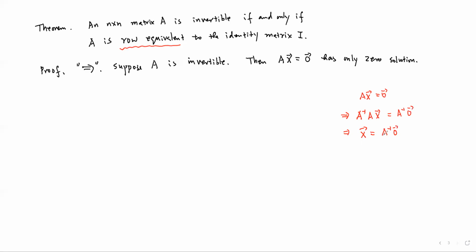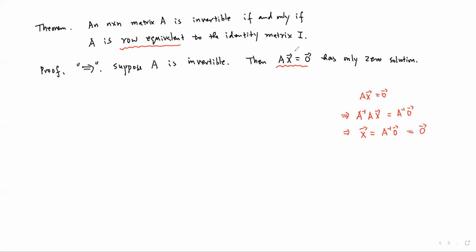But any matrix times the zero vector must be 0. So if A has an inverse, then this homogeneous linear system only has the zero solution, no non-zero solution.